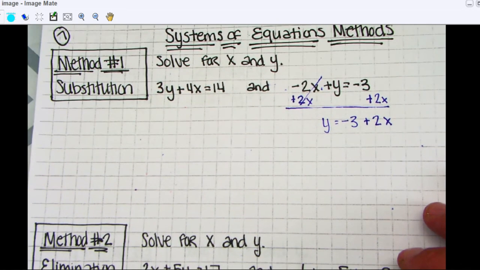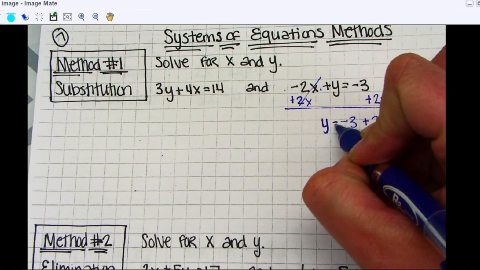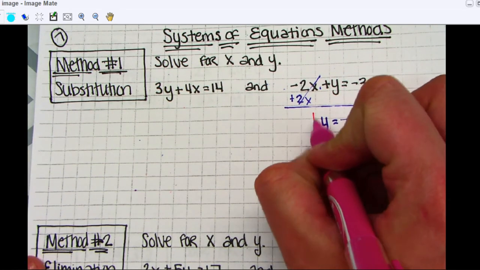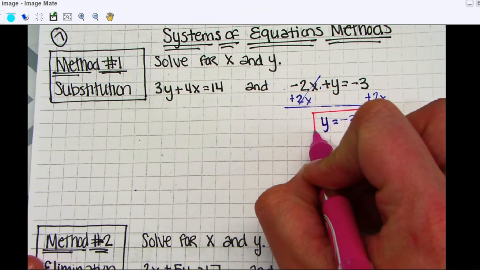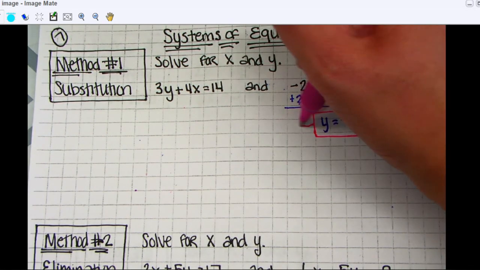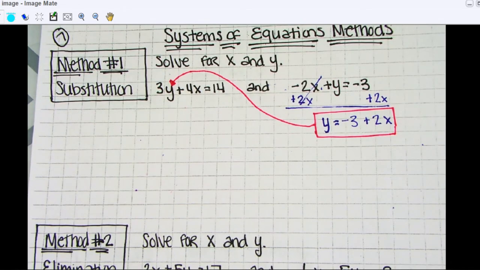So now that you have your variable isolated, what do we do with it now? Yeah, we're going to go to the first problem and plug it back in. That's why it's called substitution. So all you're doing from here is you are taking your first value, even though it's not numerical, and you're going to take it and plug it in to the first equation, or whichever equation you didn't manipulate.